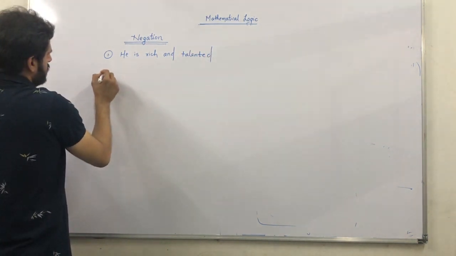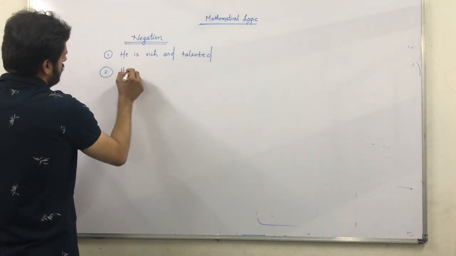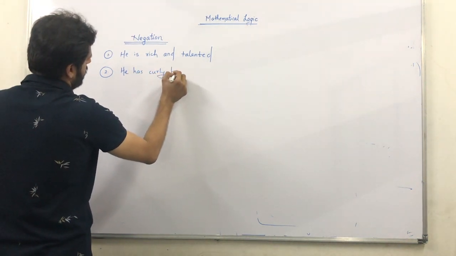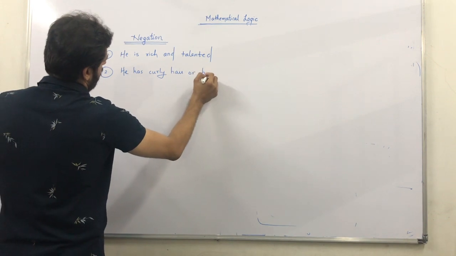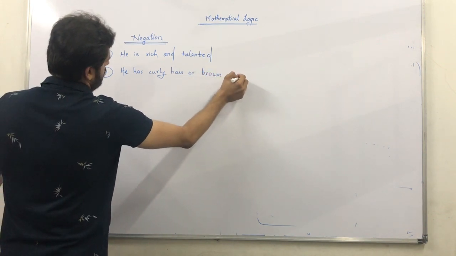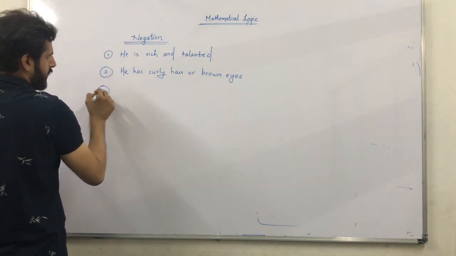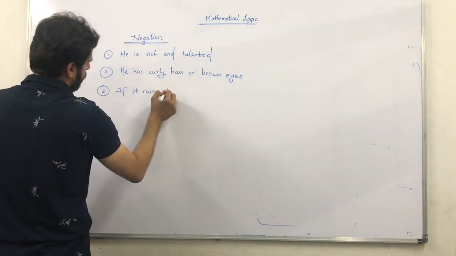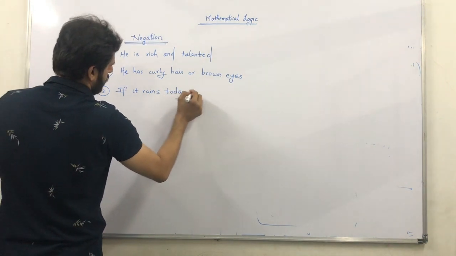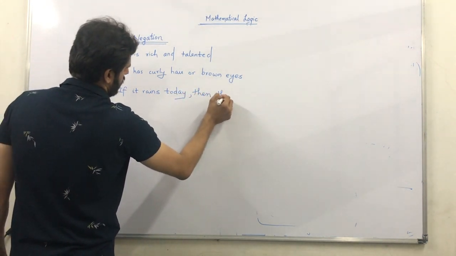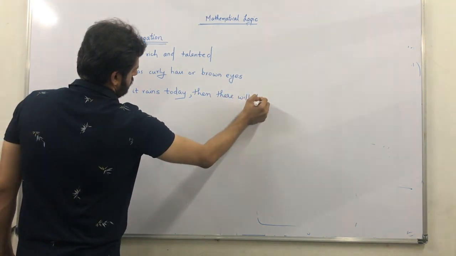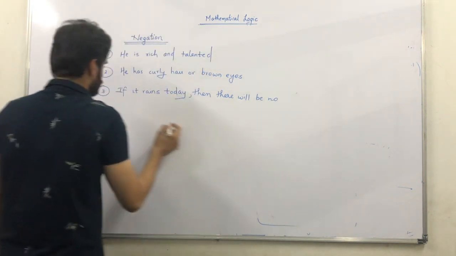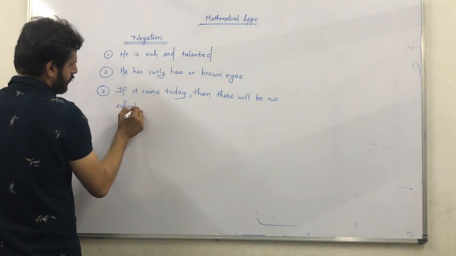Talented. Yes. Curly hair. Yes. Third we can read as if it rains today, then there will be no school tomorrow.